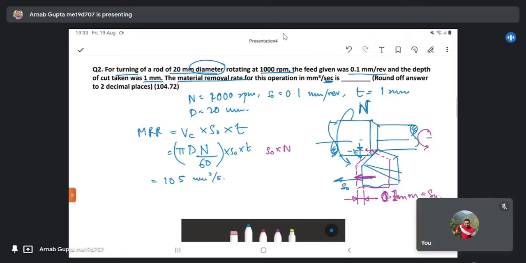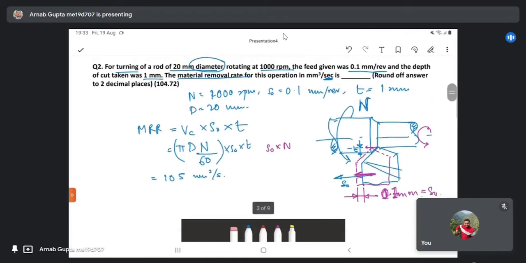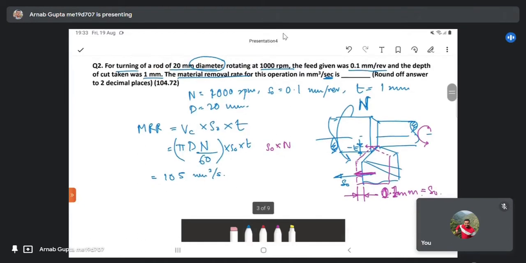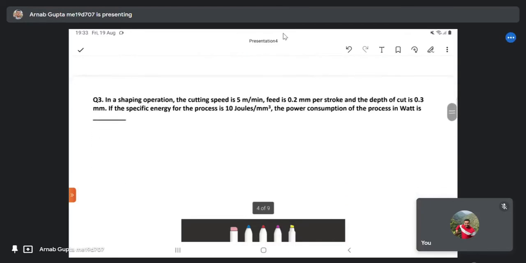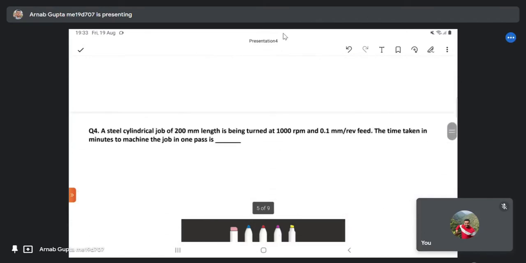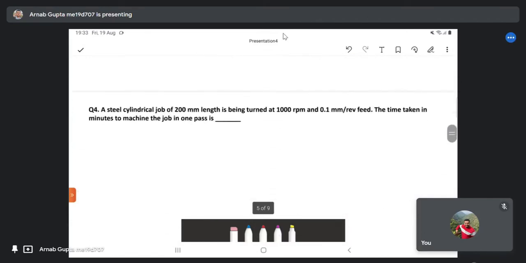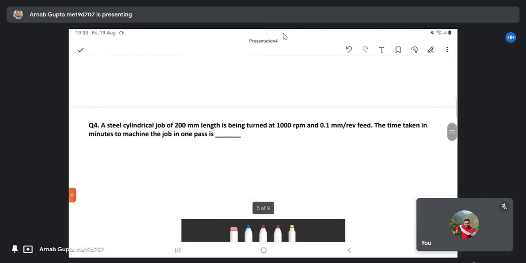This is a very easy problem, but there's one catch here. In this particular question, you have been given the value of RPM. So this is a single pass problem. I think we have another problem with multi passes. Just let me check. This is also a single pass problem.